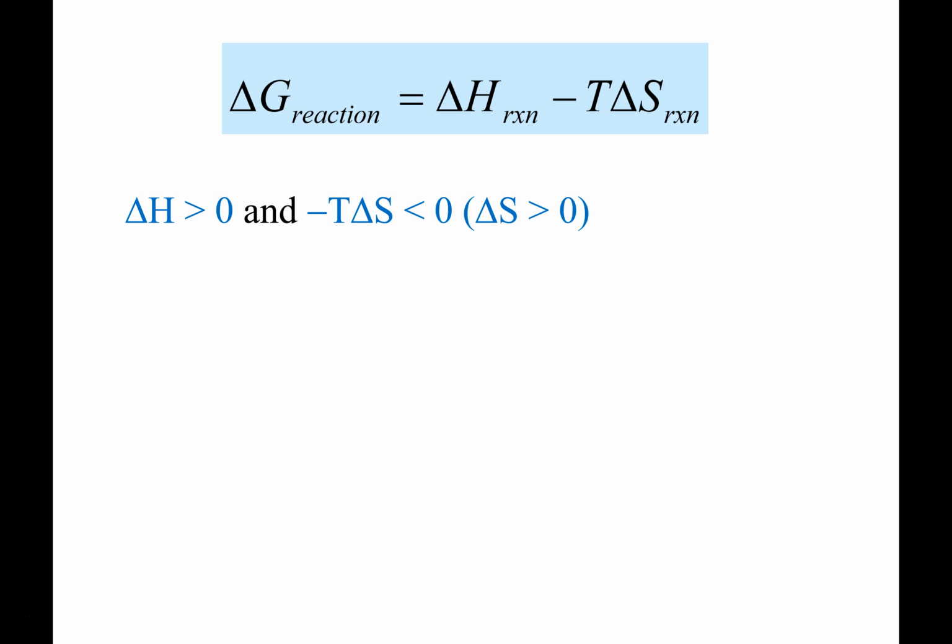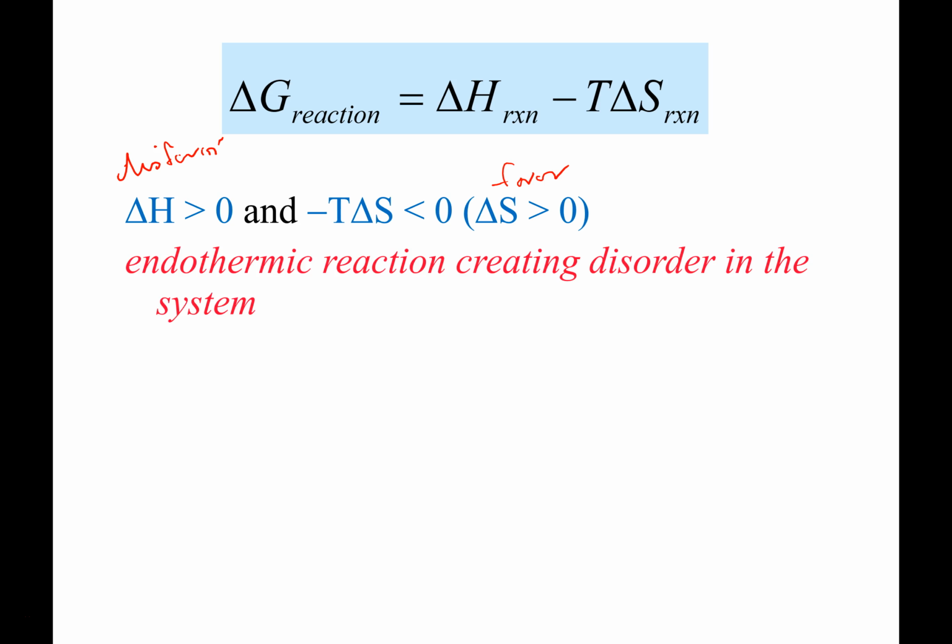So I'm going to put disfavor over here, and I'm going to put favor over here. It's all about dispersion. So endothermic, because of our positive delta H, so energy coming in, it is creating disorder, and that's favored, dispersion of matter.